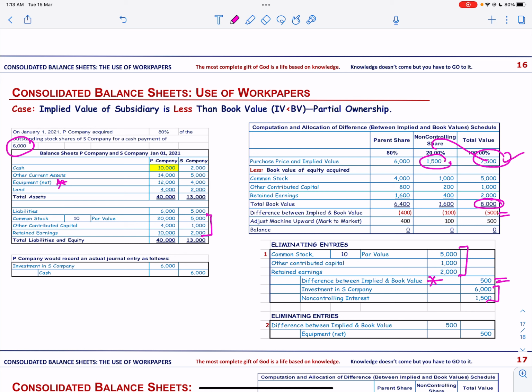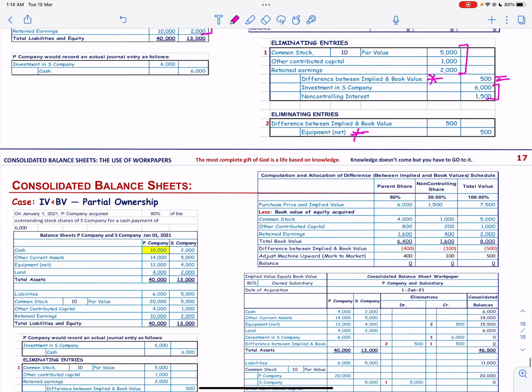In the second work paper entry, the account will be debited to eliminate it, and the appropriate underlying asset or liability account will be adjusted to reflect the net downward adjustment of the net assets. The second elimination entry, you can see, is difference between implied value and book value is debit and equipment is credit.